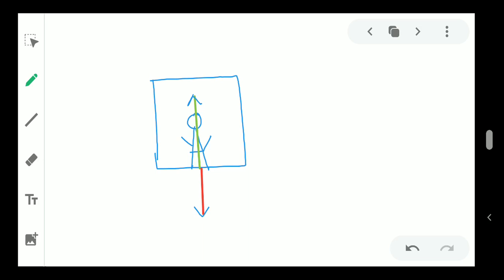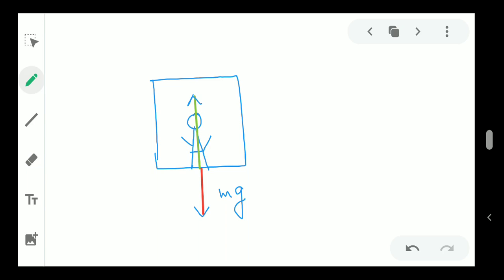So this is your mg, because we know that earth is having a gravitational acceleration g, and we know that force equals mass into acceleration. So instead of acceleration we can write here g. So the weight of any object can be written as m into g.